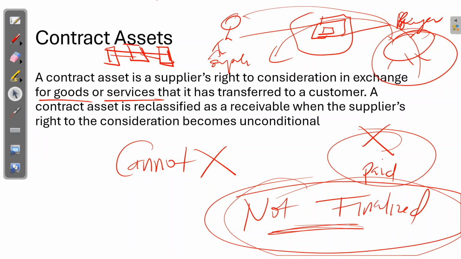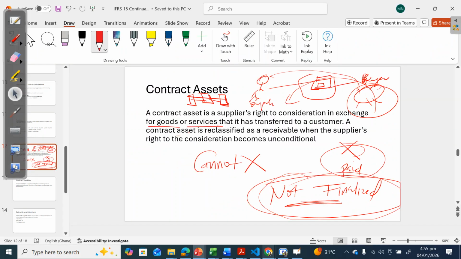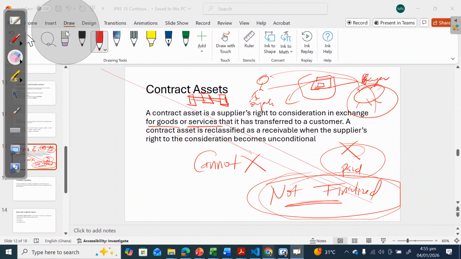So it means from contract asset to what? It's just a reclassification: in case the contract is finalized, we reclassify it from contract asset to account or trade receivable. That is what it is.